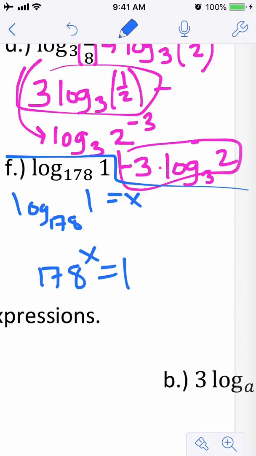What's that going to be? What's the only power that brings everything back down to 1? That's 0. So this whole expression has to be equal to 0. So the whole thing's actually solvable. I mean, all of these really you could solve. We're going to figure out ways to do that in the next section. But this one's so easy we can do it now if we just call it 0. That's our 0 power rule.